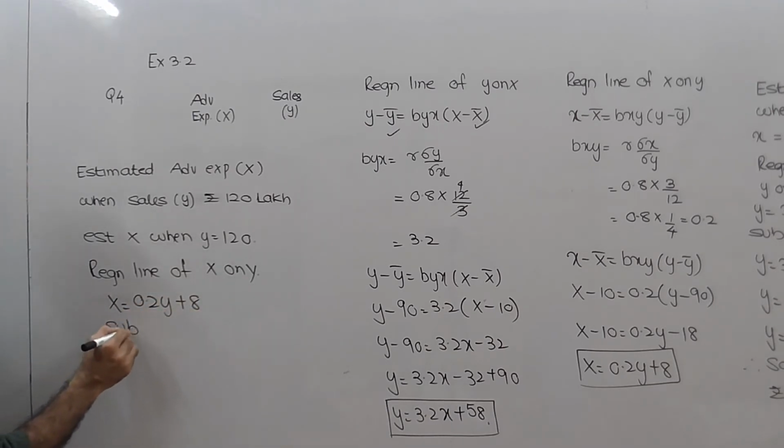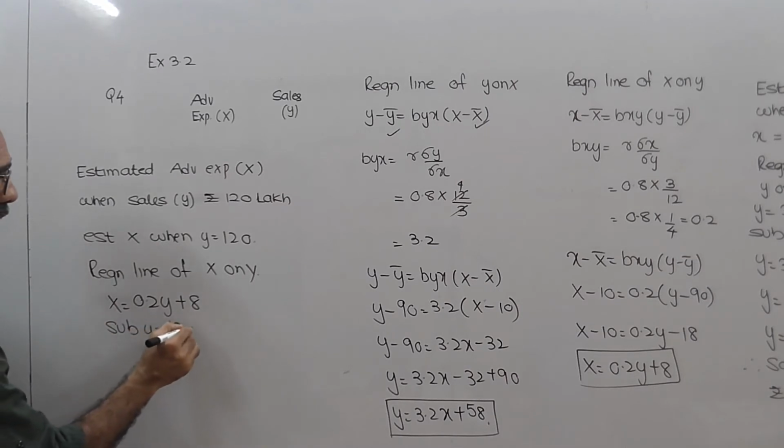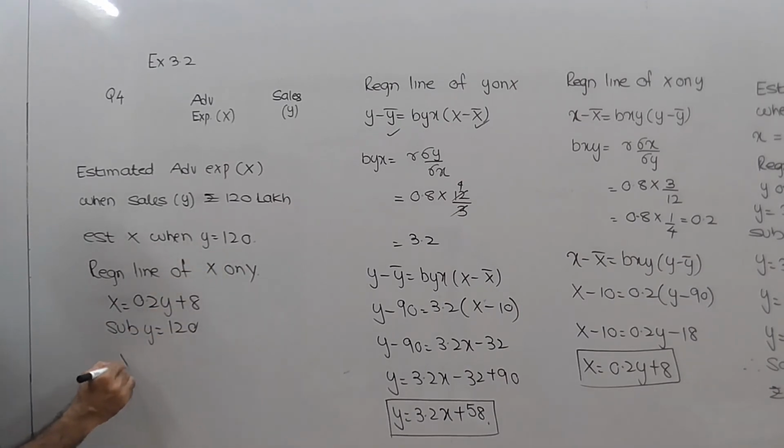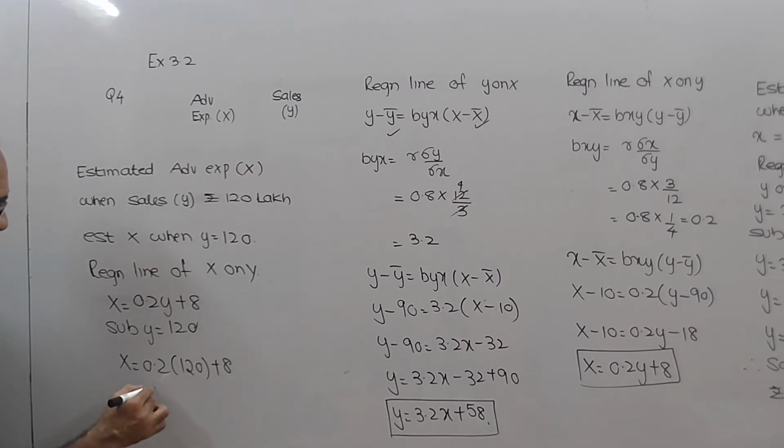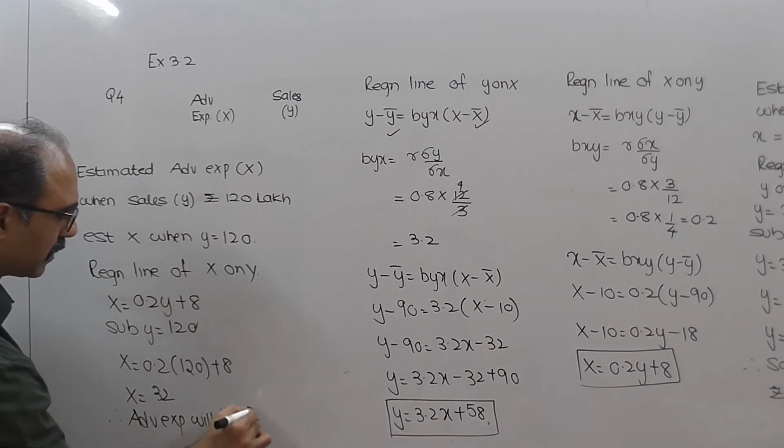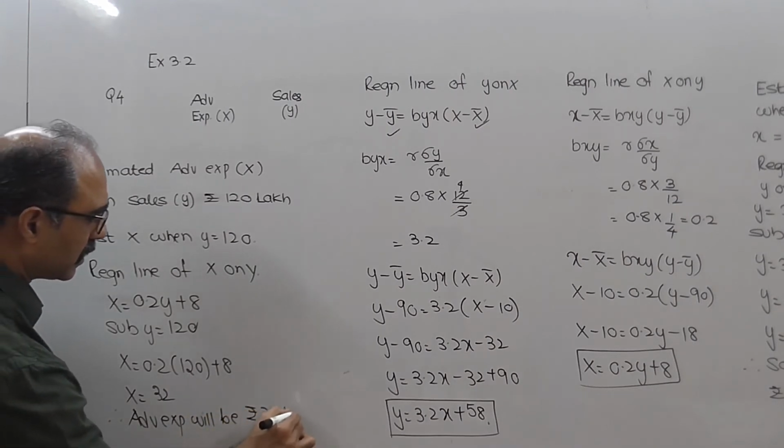What you do is substitute y equal to 120. So we get x equal to 0.2 into 120 plus 8. x equal to 32. Therefore, advertising expenditure will be rupees 32 lakhs.